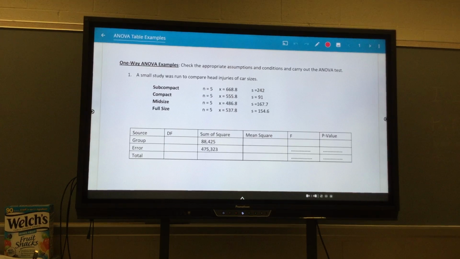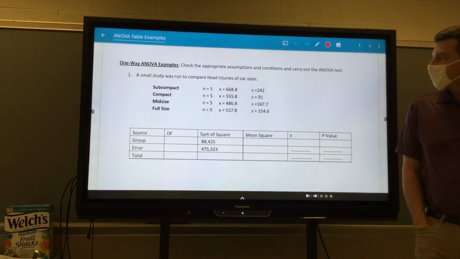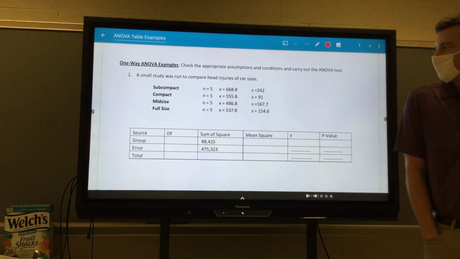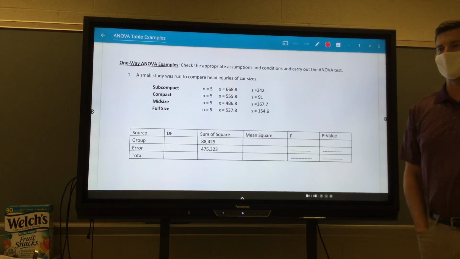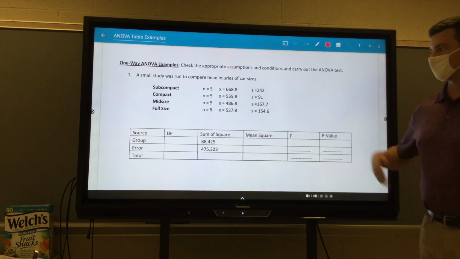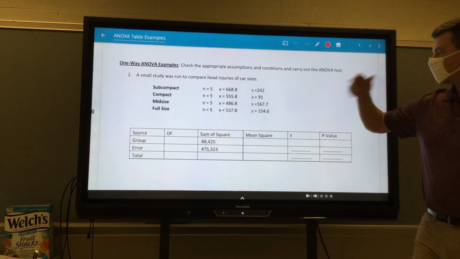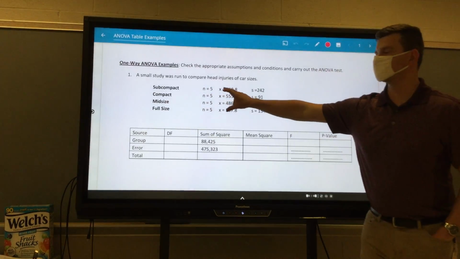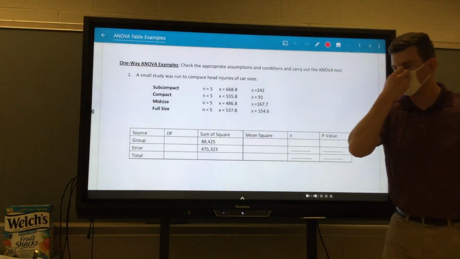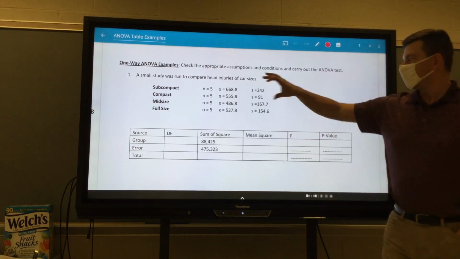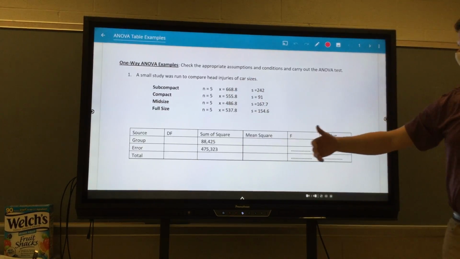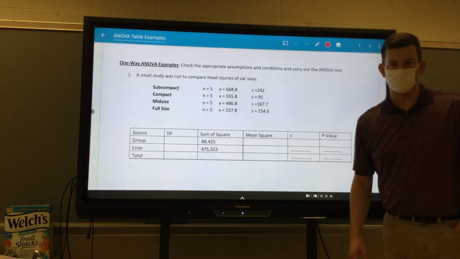First one: there was a small study done to compare head injuries in different automobile accidents based off of the size of the car. So subcompact, compact, mid-size, full-size. For each of those, we took a sample of 5 cars, and they have their own sample mean and their own sample standard deviation.